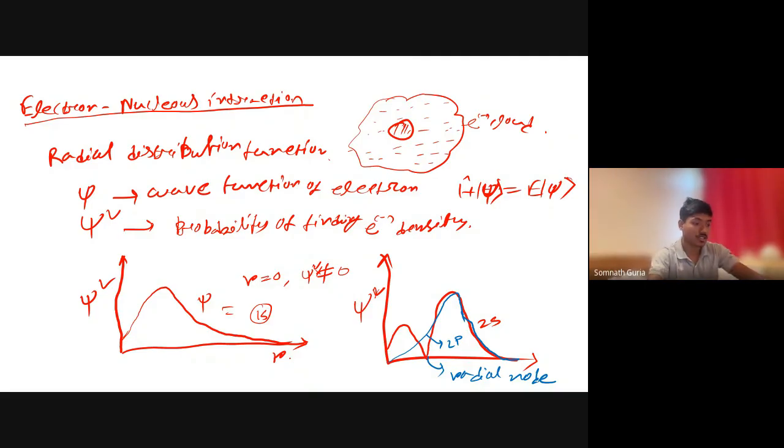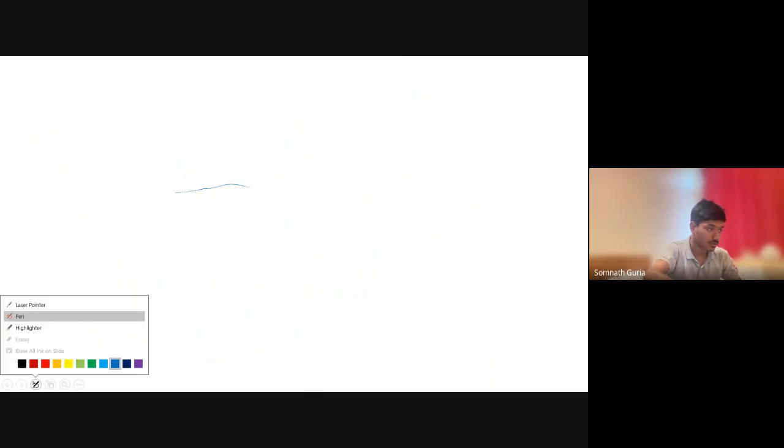For the 3s, 3p, and 3d, how do they look? Let us change the color.